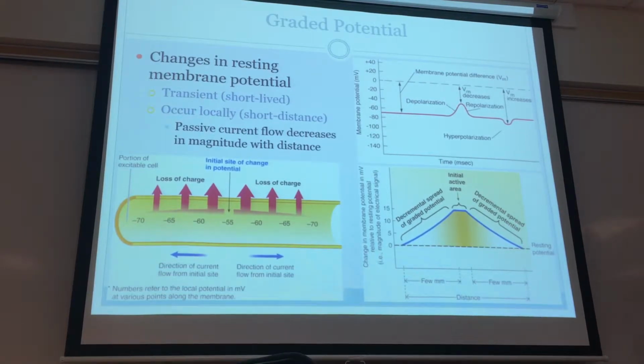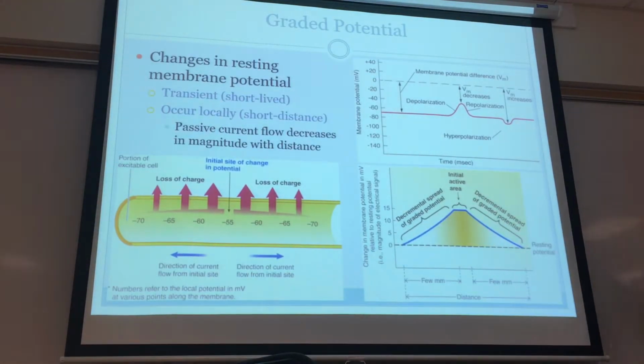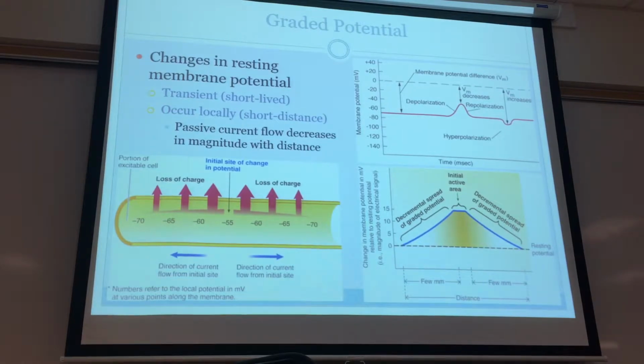And so if I take a look at sodium coming in, and I get a little bit of a rush of sodium coming in, what the graph on the bottom left is showing you is that if it's already negative on the inside, and I've got sodium coming in, that's going to cause a bit of a depolarization, where the polarity starts to decrease a little bit.